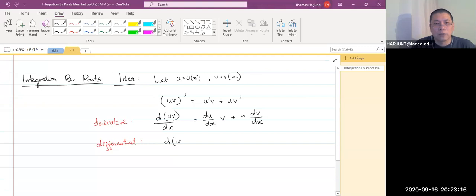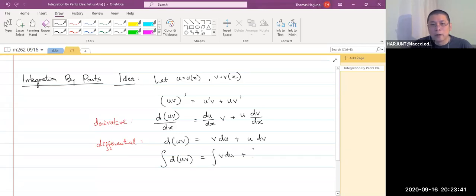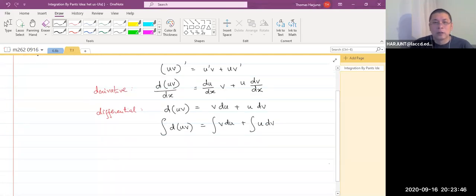The differential of u phi is phi du plus u d phi. Now, if I integrate each side, the left-hand side becomes just u phi.